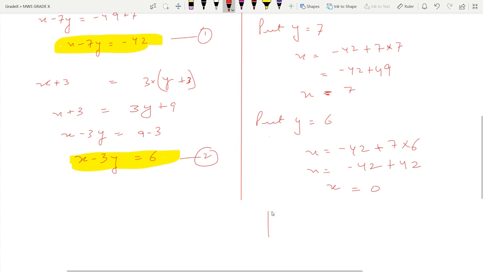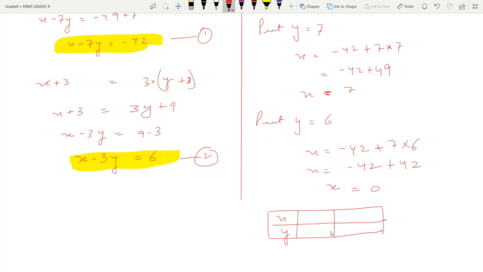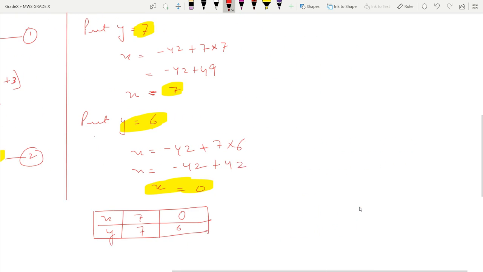So let us draw a table for this, x and y. When x was 7, y was also 7. So let us write x 7 and y 7. And when y is 6, at that time x is 0. Fine. So one table is ready.